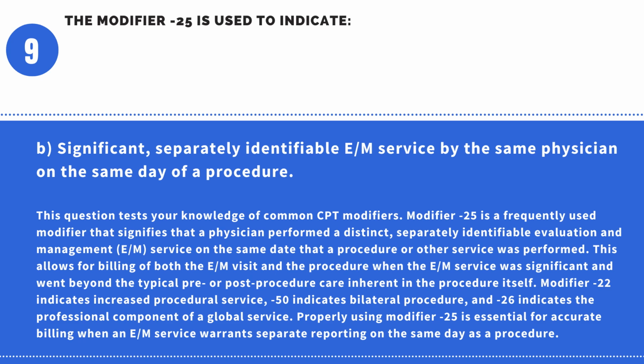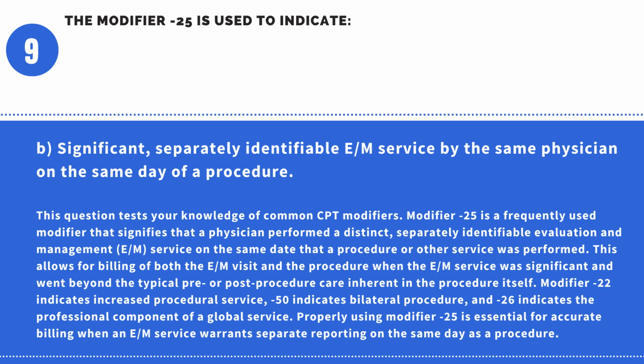Modifier -25 is a frequently used modifier that signifies that a physician performed a distinct, separately identifiable evaluation and management (E/M) service on the same date that a procedure or other service was performed. This allows for billing of both the E/M visit and the procedure when the E/M service was significant and went beyond the typical pre- or post-procedure care inherent in the procedure itself.